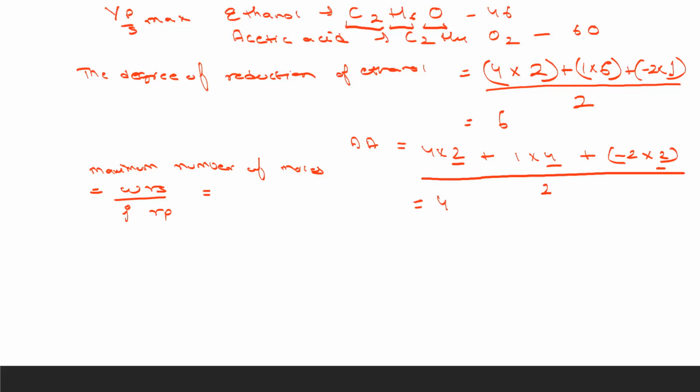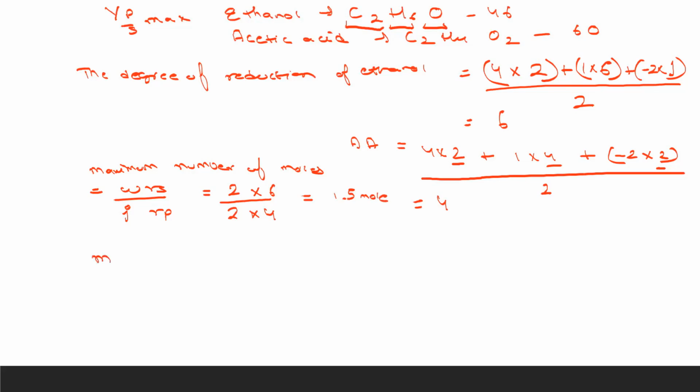RP is the degree of reduction of the product. So in the balanced equation, you have 2 moles of ethanol and 2 moles of acetic acid into the degree of reduction of ethanol, which is 6, into the degree of reduction of acetic acid, which is 4. This will give you 1.5 mole.